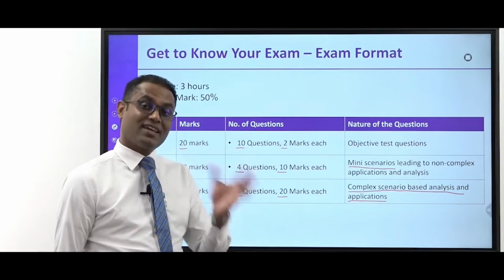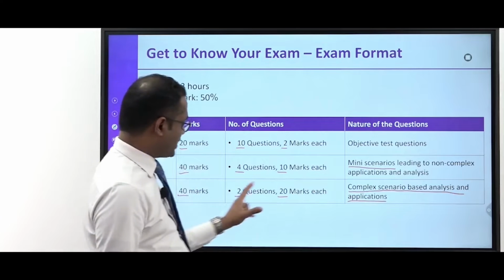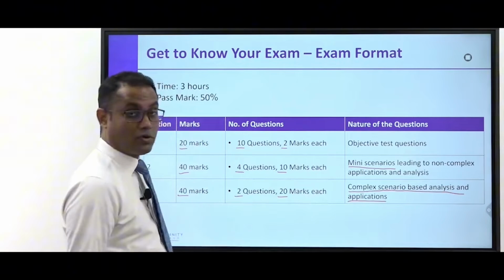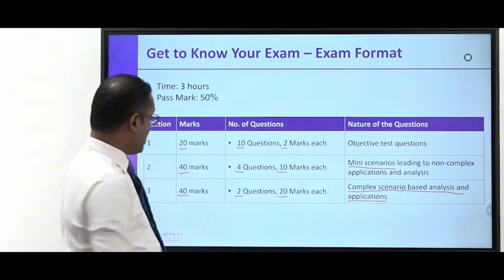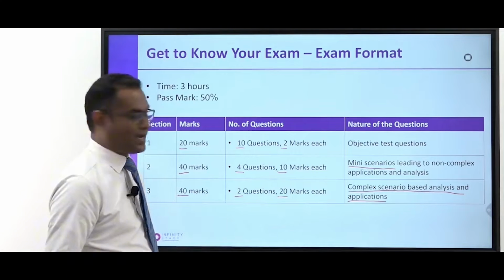So 2 main areas of your syllabus. Okay, right. So 2 questions, 20 marks, complex scenarios. So altogether 40 marks. This is how 100 marks are broken into 3 sections in the exam paper, right?